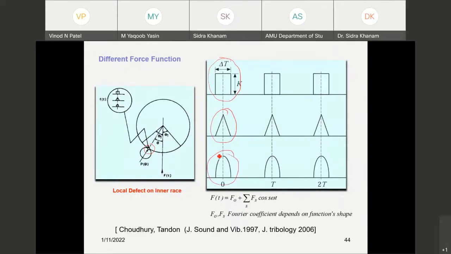These kinds of functions have been derived by them, and as a force function it can be given with a particular frequency. This frequency depends on the location of the defect. If it is on the inner race, then the value of omega will depend on BPFI. If it is on the outer race, it depends on BPFO. If it is on a rolling element, it will be based on that.